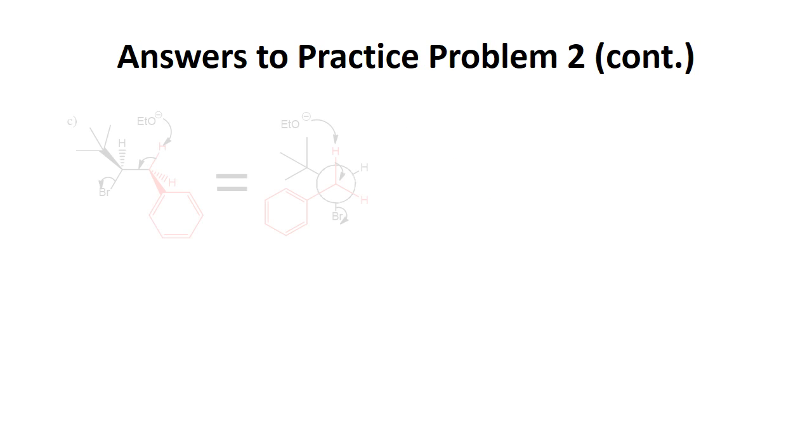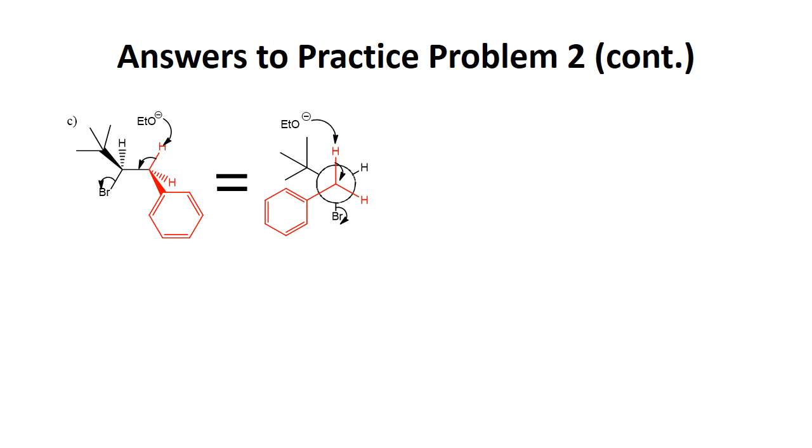In part C, the alpha CBr bond and the beta CH bond are already anti-periplanar, and so in both the sawhorse and the Newman projection, we see that we can get our final product, which is showing the tert-butyl group and the benzene ring cis to each other.